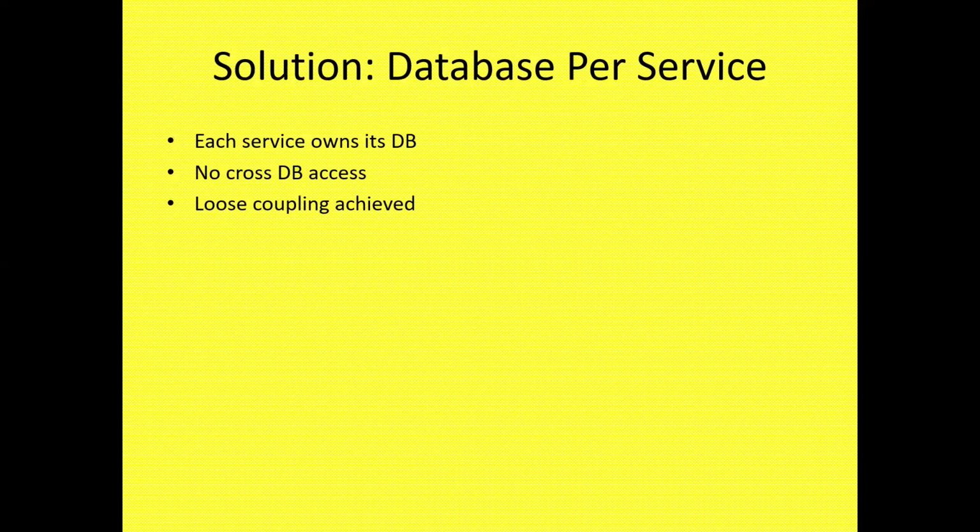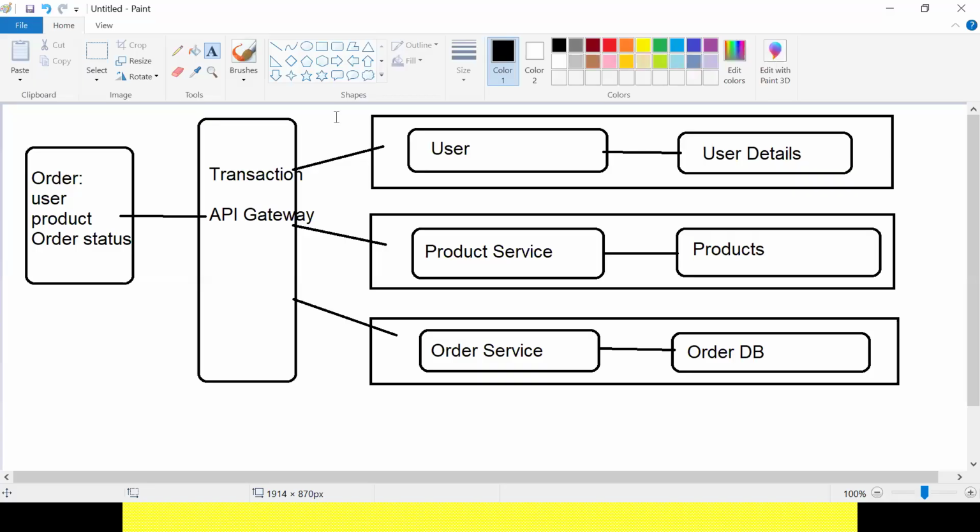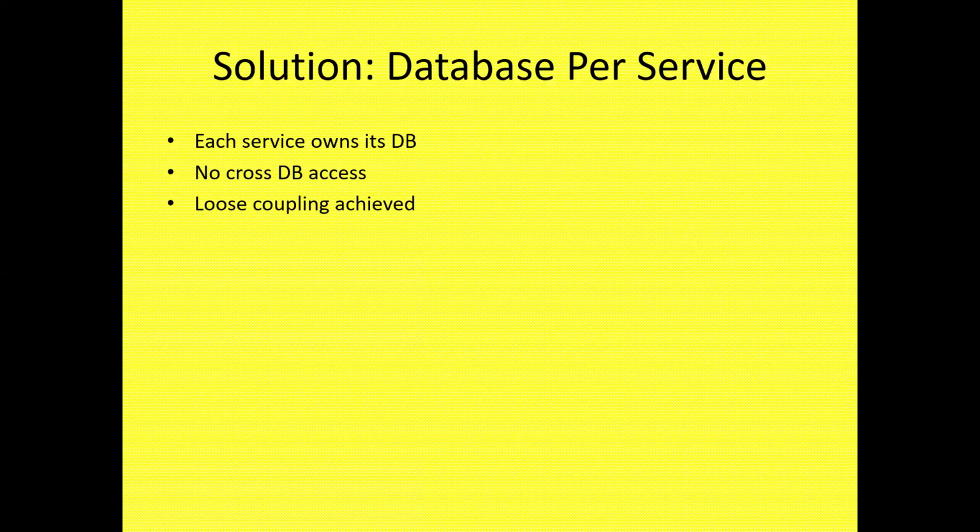That is the reason we use no cross DB access. And the second thing is loose coupling. It is not tightly coupled. Tomorrow, if anything goes wrong in your order service, my product and user services work fine. They do not depend on the order DB. That is the concept we discussed. The main solution for microservices: every service has its own individual database. Clear?